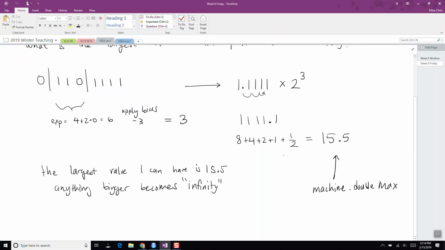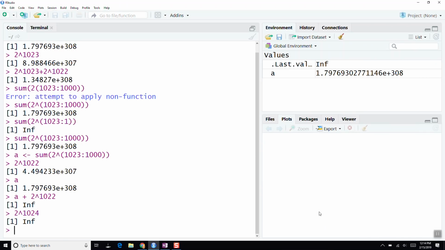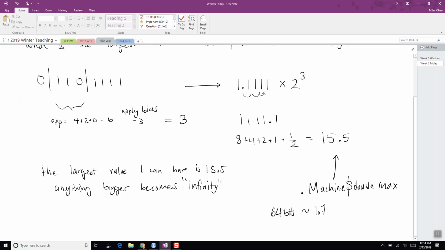So this is, I guess, machine double max. For 64 bits, it's approximately 1.797 times 10 to the 308.